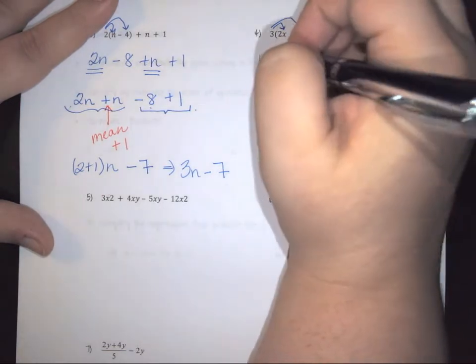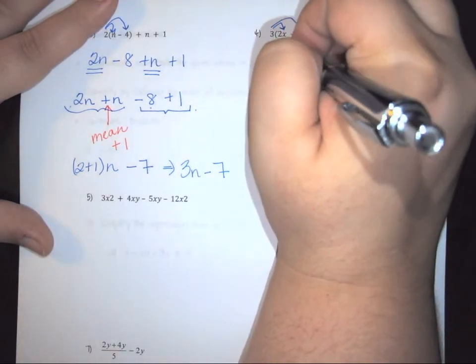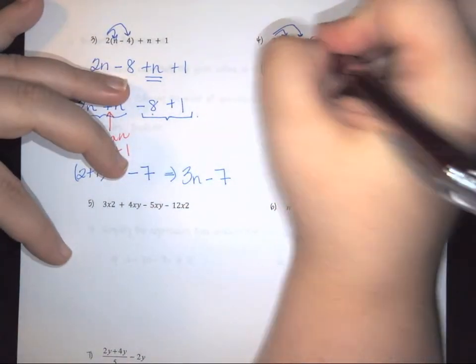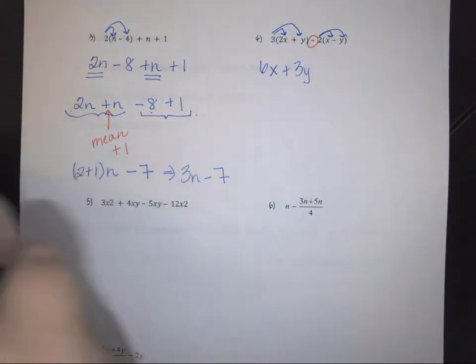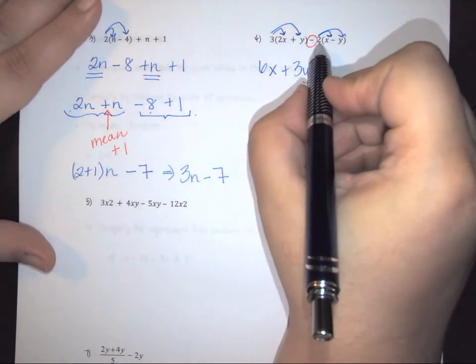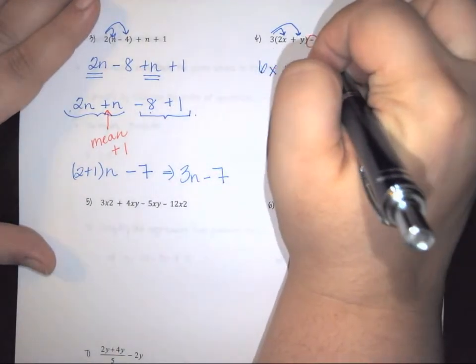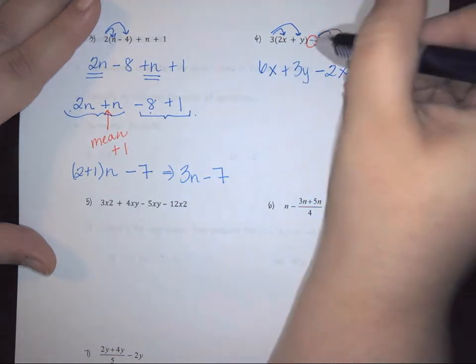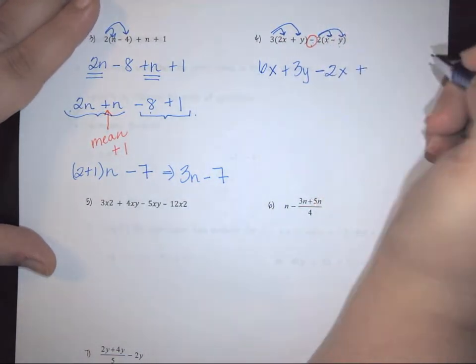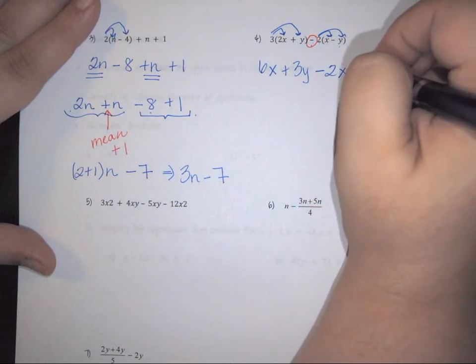And then 3 times 1 is plus 3y. On the back, we have this negative here that we have to remember. So it has to flow through the back parentheses. Negative 2 times x is a minus 2x. Negative 2 times negative y makes it positive. Negative and negative is positive, and then it's 2y.